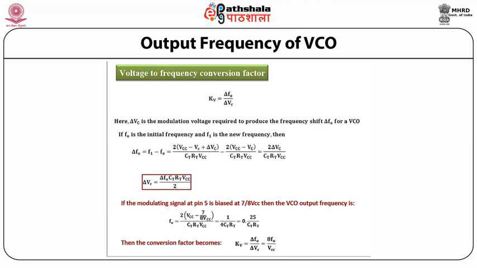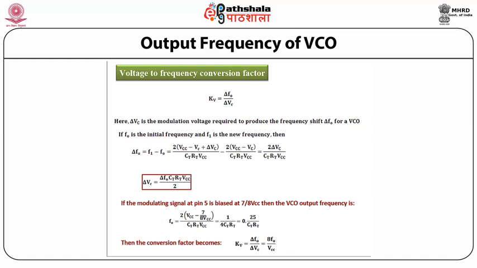So after simplification, this is equal to 2 delta VC by CT RT VCC. Now simplifying, the expression for delta VC, we get delta F0 CT RT VCC by 2.